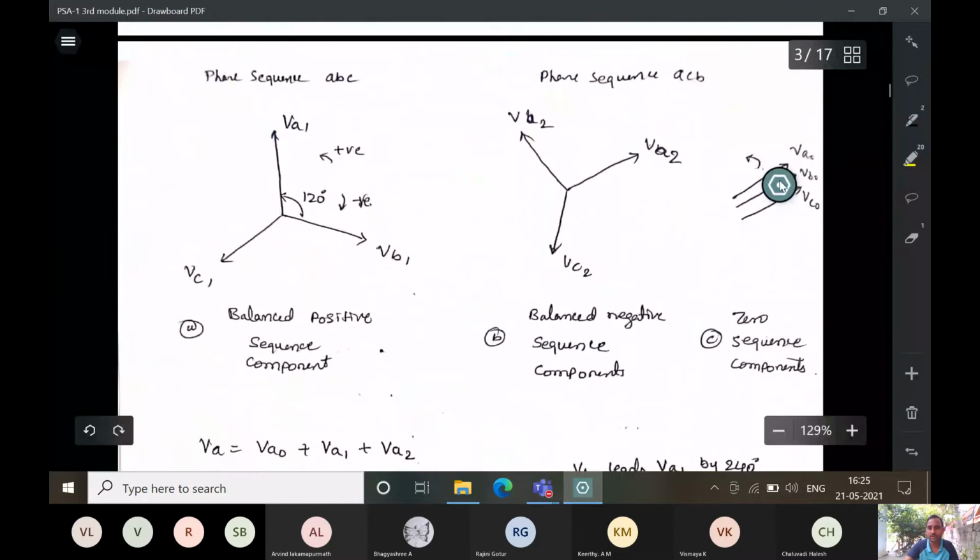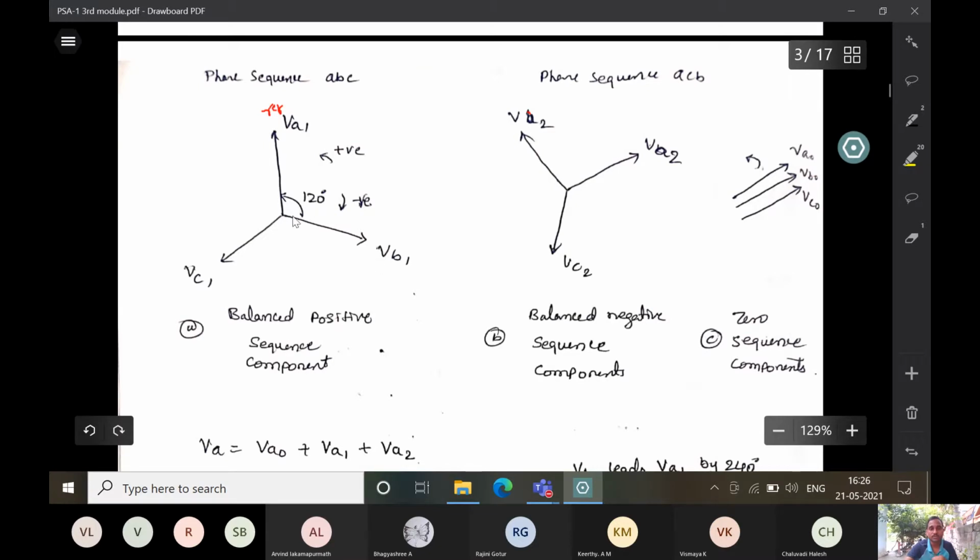So I have already explained this concept, phase sequence ABC. So VA1, VB1 and VC1. Similarly, VA2, VB2 and VC2, and VA0, VB0 and VC0. Here VA1 is taken like this, this is a reference phasor.